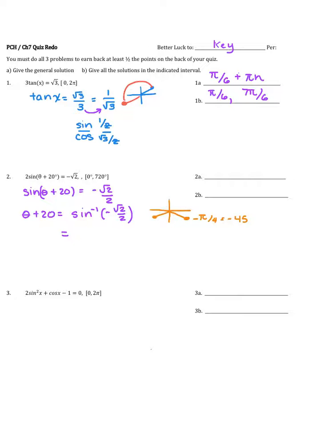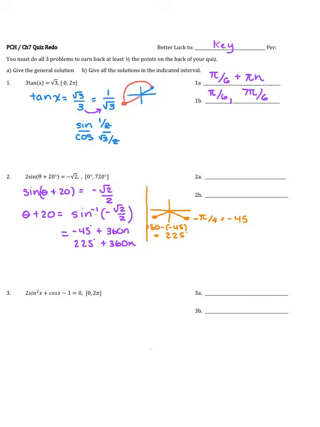It's also negative in the third quadrant, which would be equivalent to 180 minus the negative 45, which would equal 225. All right, so our answers here are going to be negative 45 degrees plus 360n and 225 degrees plus 360n, but we're not done because we have theta plus 20.